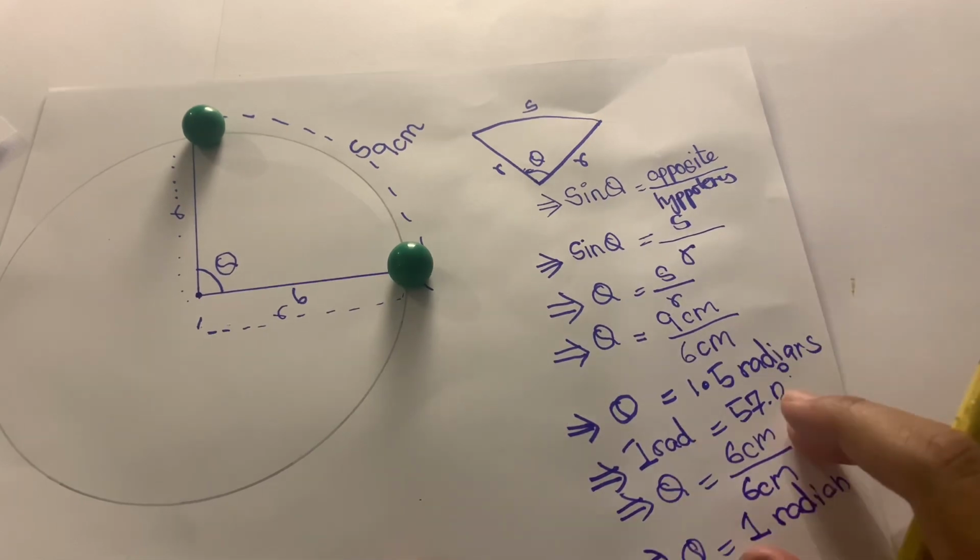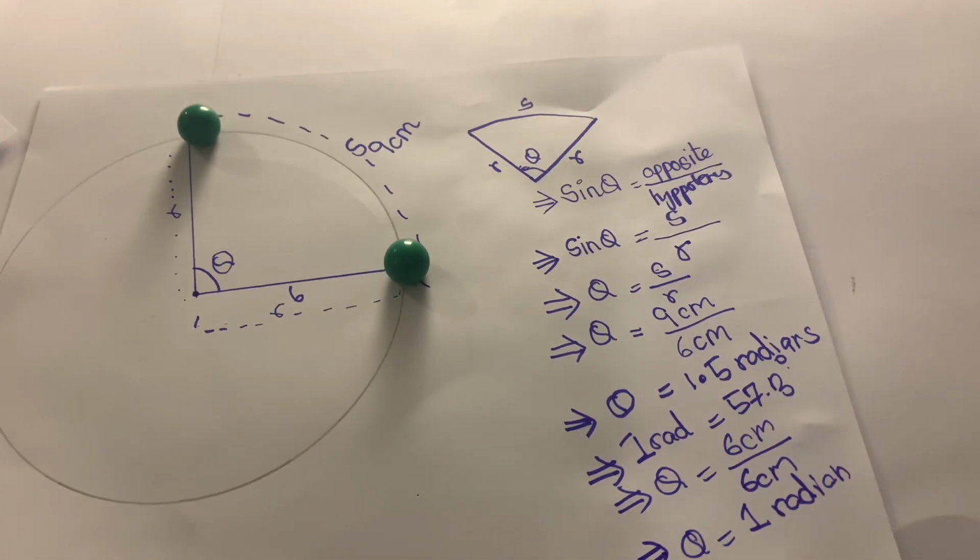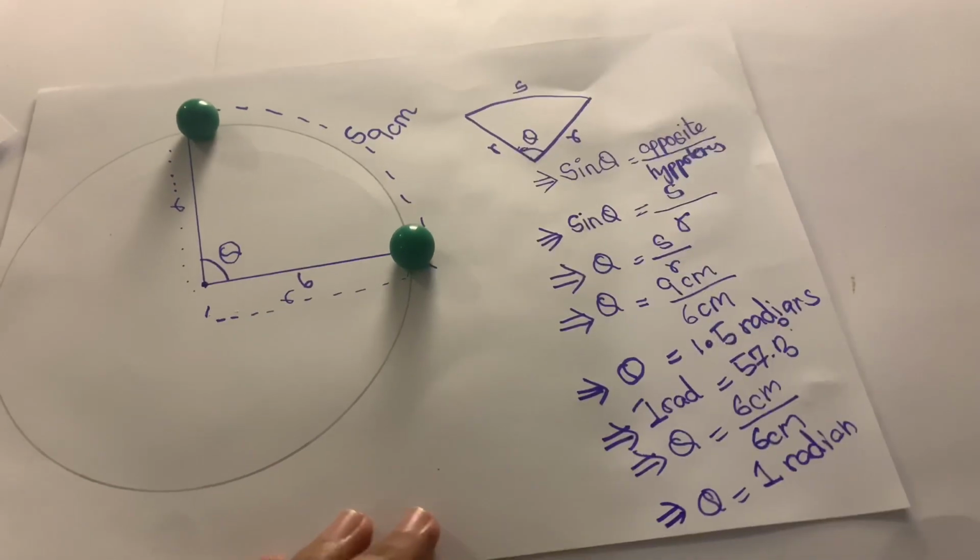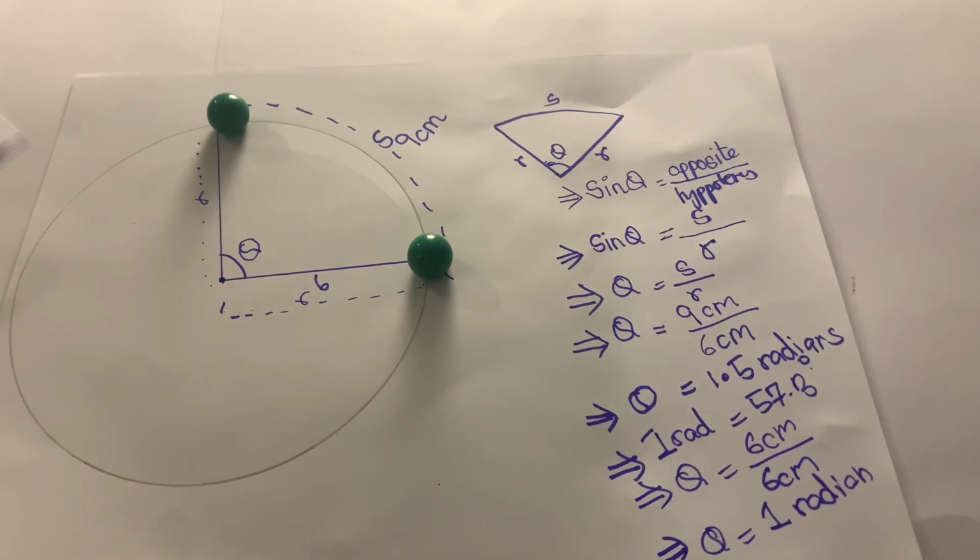You might wonder why 1 radian always stays the same. 1 radian is always defined for the same scenario.